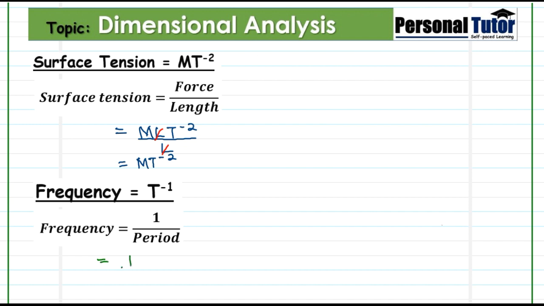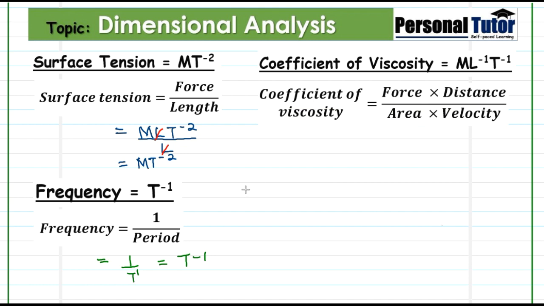Now, period here simply means time, and time has got a dimensional unit as T. When this is written in the linear form, it carries a power of 1. When it comes up, it becomes T exponent minus 1. So that is it.